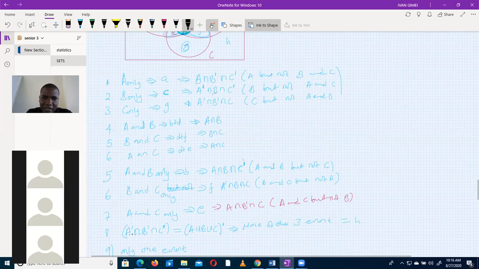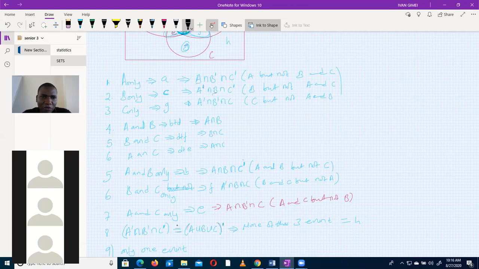Then the other one is A complement intersection B complement intersection C complement. We say this is the same as the complement of A union B union C, outside, like that. And they can say none of the three events. For instance, you are 40 in class, you're dividing yourselves amongst the different games.